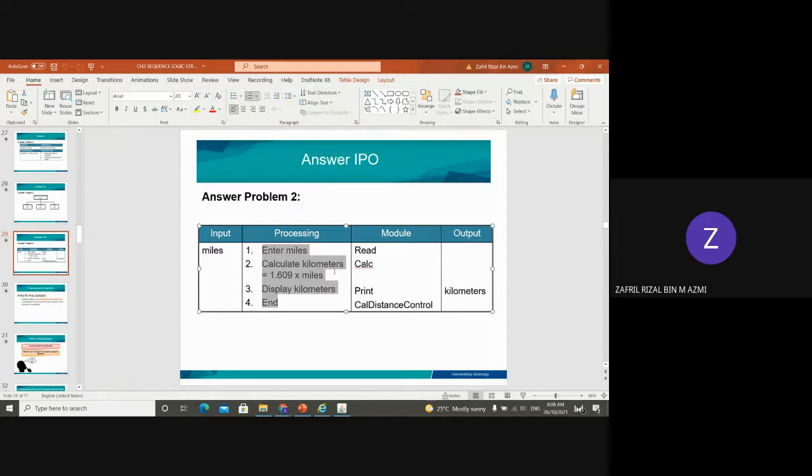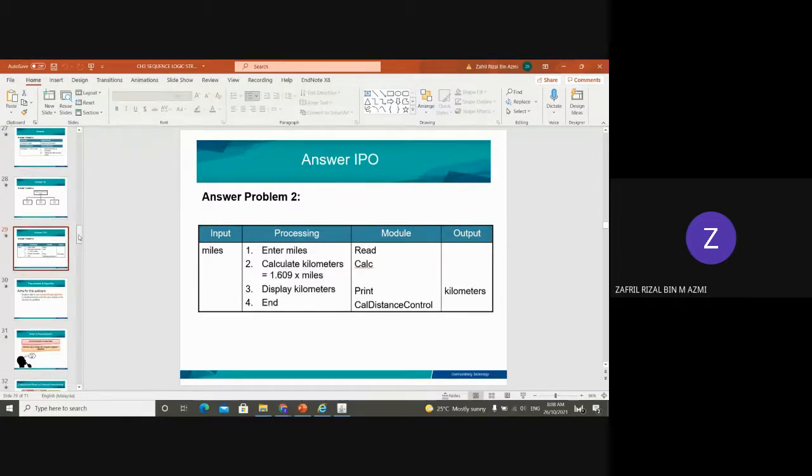It is easy actually once you already have a concrete IPO. So your task is going to be easier when it comes to constructing the pseudocode or algorithm. So what is pseudocode actually? You just copy everything over here. Let's say you are asked to design a pseudocode for a particular program.